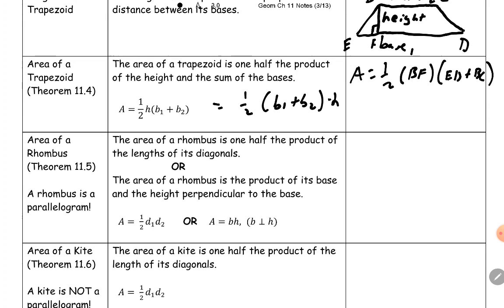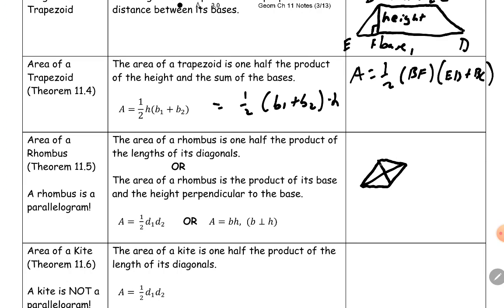We'll do some examples. Area of a rhombus. So if we got a diamond looking thing here. Remember, all the sides are the same in a rhombus. Basically, the area of a rhombus is 1/2 diagonal 1 times diagonal 2.